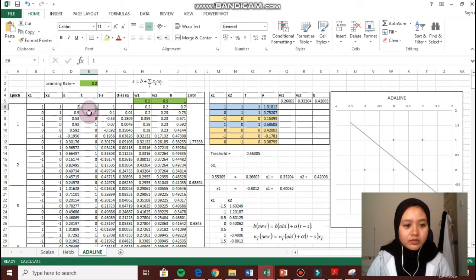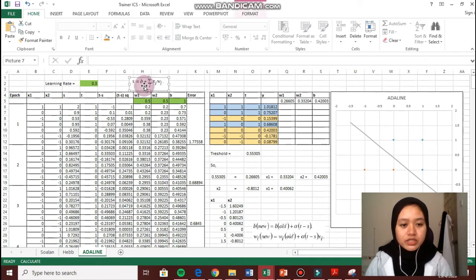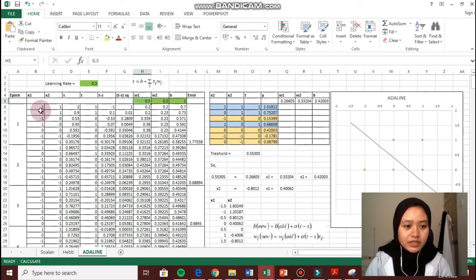T belongs to its classes. How do we find s? In order to find s, we need to calculate using this formula. As the first step, w1 times x1 plus w2 times x2 plus b, and we will get the value of s, which is 2.